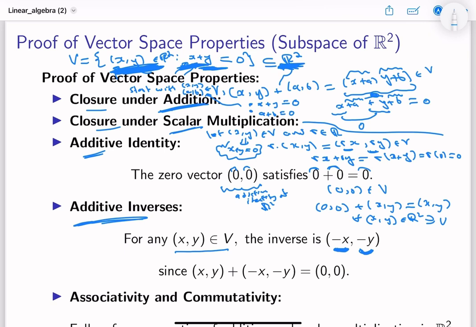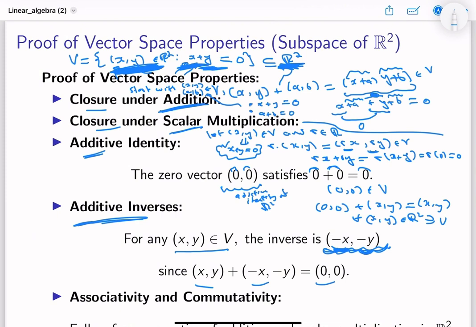And we check that when we add these two, we get 0 0, and this is clear because this is the inverse of the vector in R2. Now the question here is, is this inverse in V?